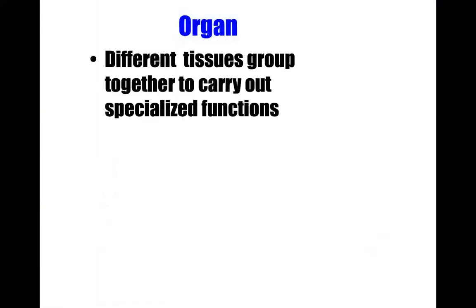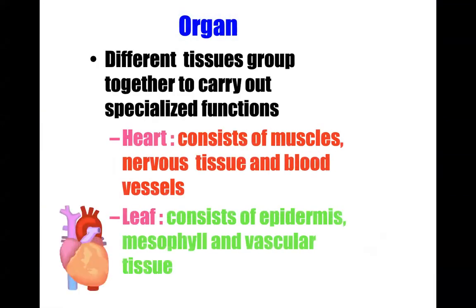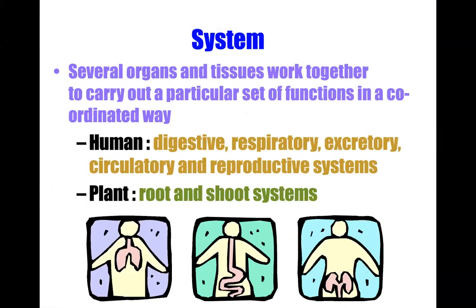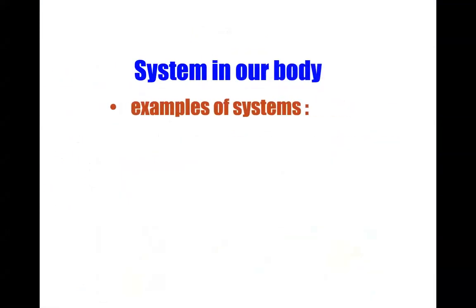Okay, the next one is organ. I think organ is very easy for you. You know, heart, lung, and so on. But for plants, examples of their organs are leaf, stem, flower, and so on. So system is very straightforward, I think.